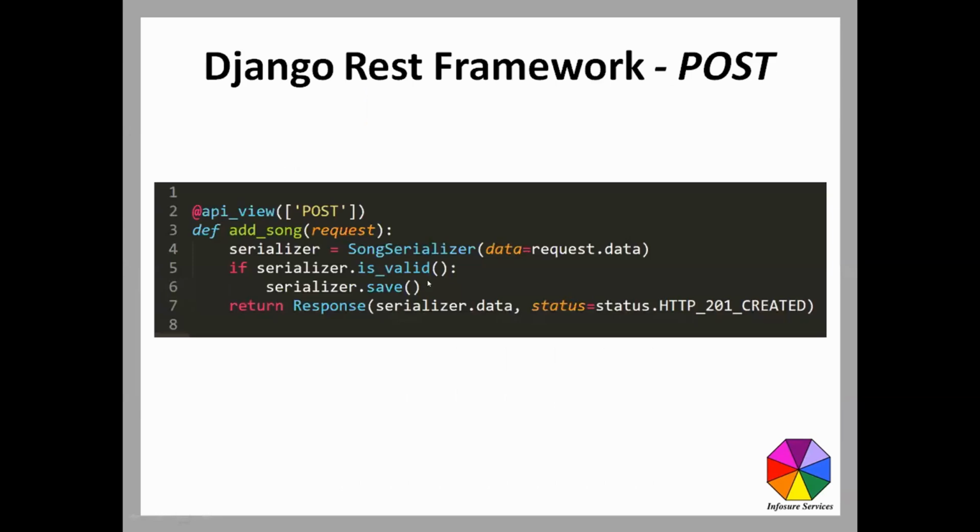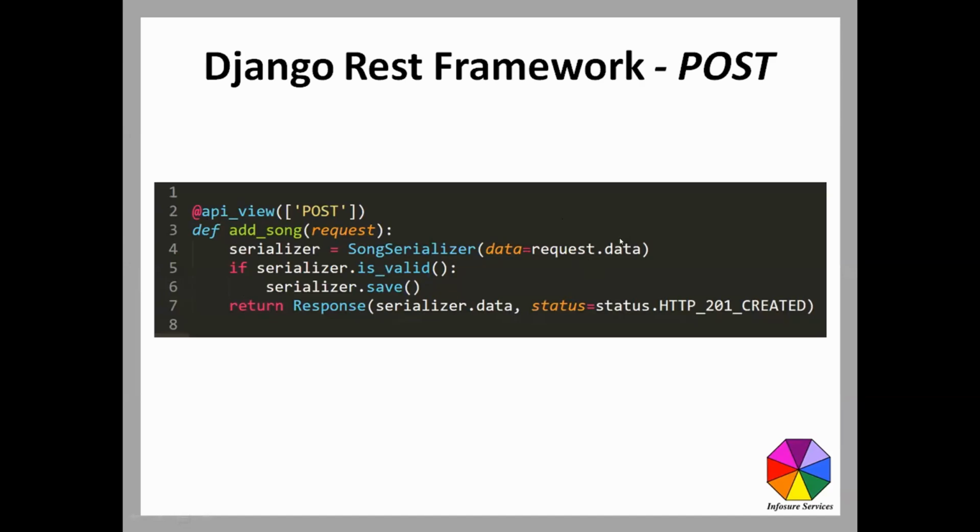The post is also similar. Song serializer, request.data. Whatever you entered on the screen is in request.data. Decorator API view post. I had my second function, add song.